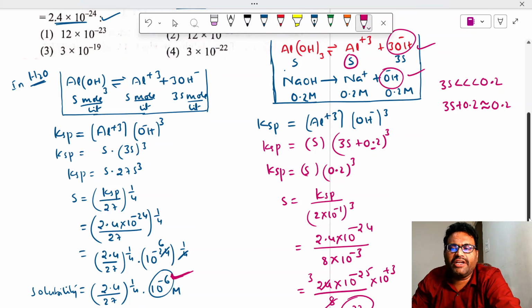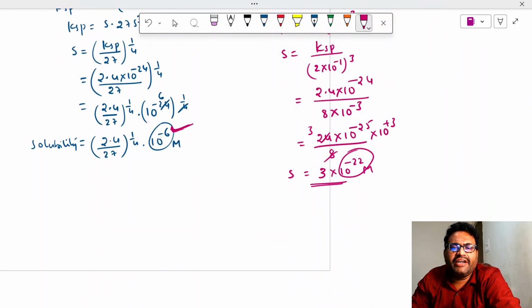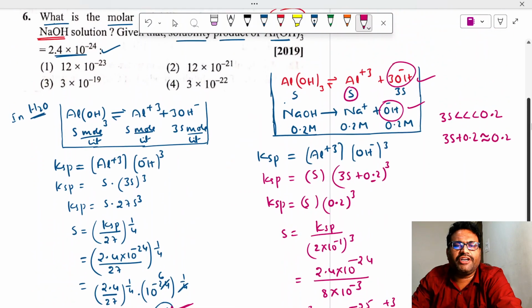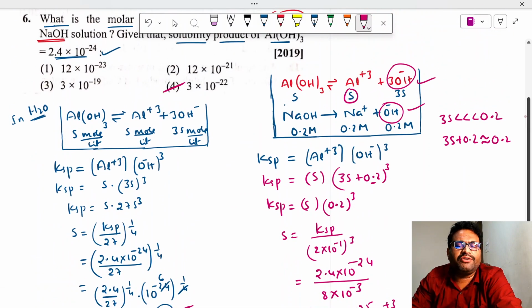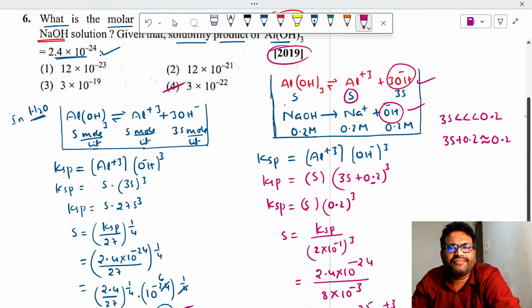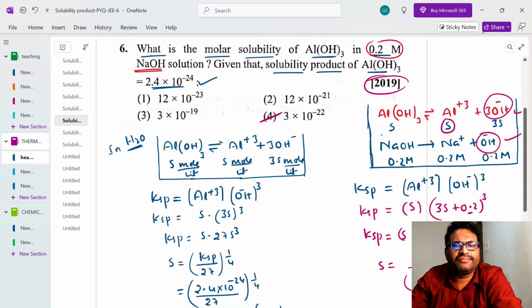So due to the common ion effect, the solubility of the sparingly soluble salt has been decreased. Understood? So where is the answer? 3 into 10 power minus 22. You will find the answer here. This was asked in 2019. Okay. Let us move to the next question.